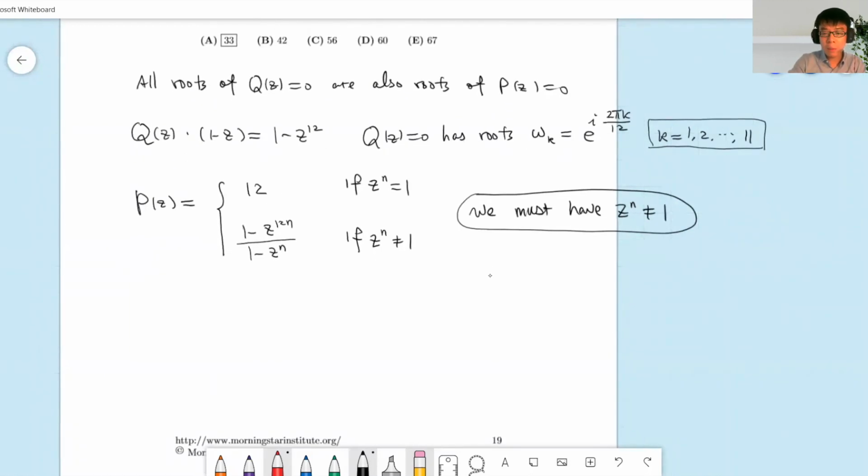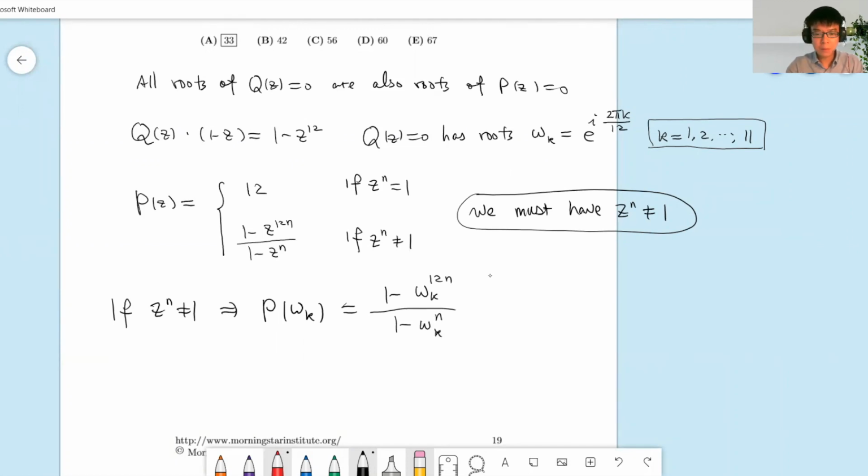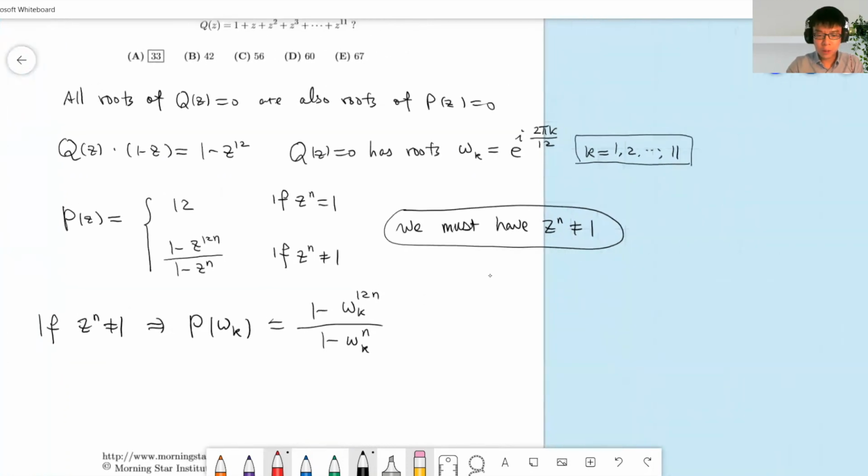So let's check if omega_k is a root. If z^n is not equal to 1, let's check p(omega_k), which is going to be 1 minus omega_k to the 12n over 1 minus omega_k to the nth power. And we see that omega_k is basically omega_1 to the kth power. Omega_1 means exponential i pi over 6.